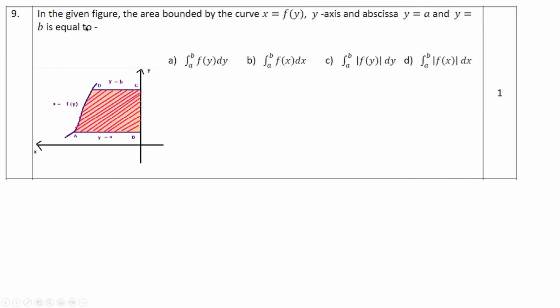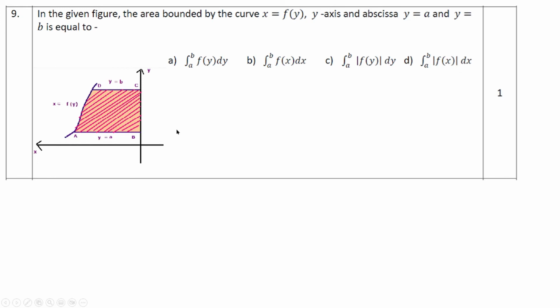Next we have the next question. In the given figure, the area bounded by the curve x is equal to f of y, the y-axis and the ordinates y equal to a and y equal to b is equal to. So we need to find the area bounded by this curve. When we consider area bounded by a curve, we only consider the magnitude of the value that we obtain from the integral.